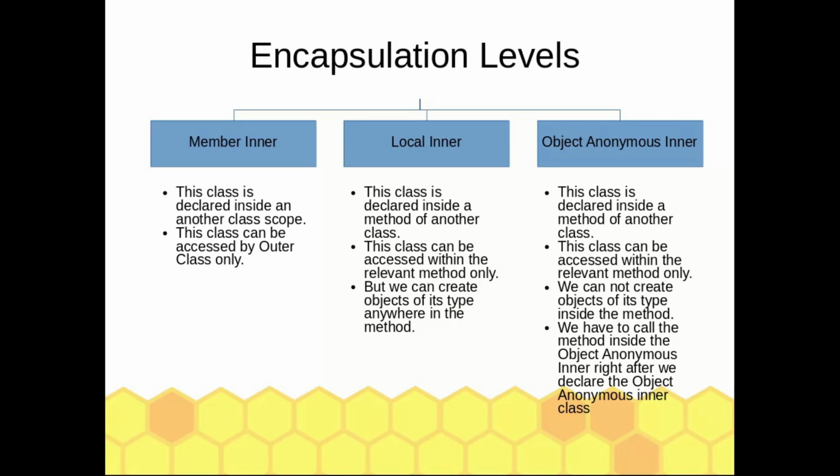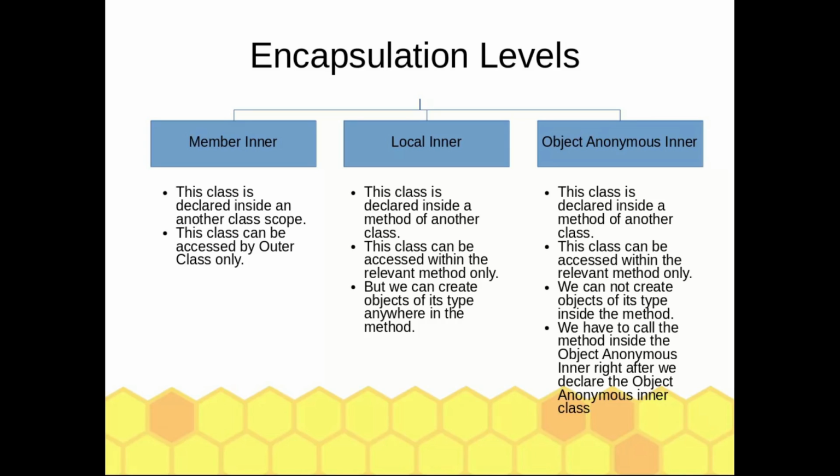With object anonymous inner, we declare it inside a method of another class, but we cannot instantiate it, so we can't create objects.